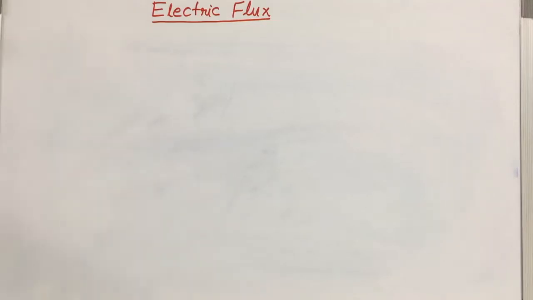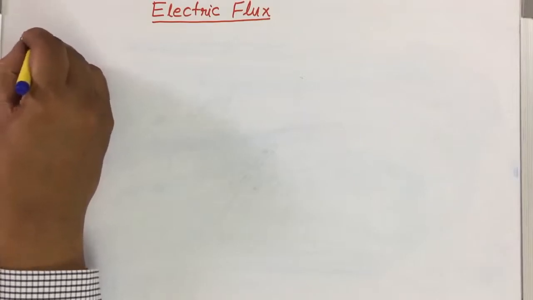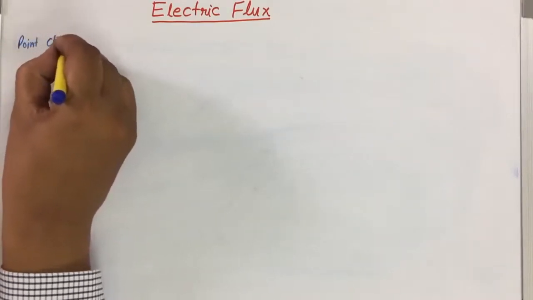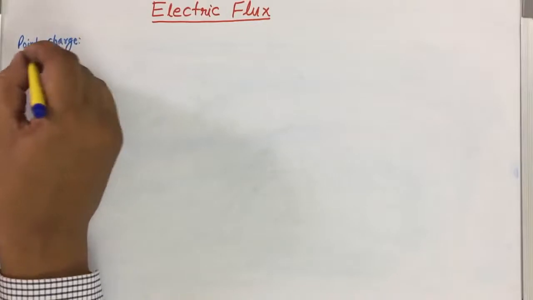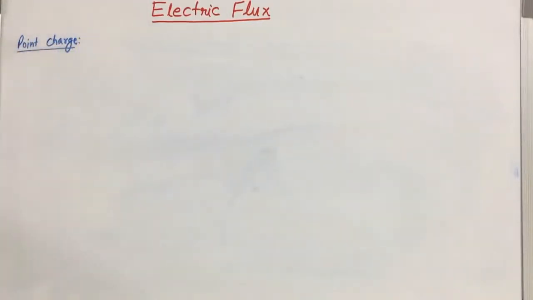Now let us try to find electric field for different charges using Gauss law. So let us start from point charge. And we already have discussed the definition of point charge. So in finding the electric field with the help of the Gauss theorem, there are few important points.